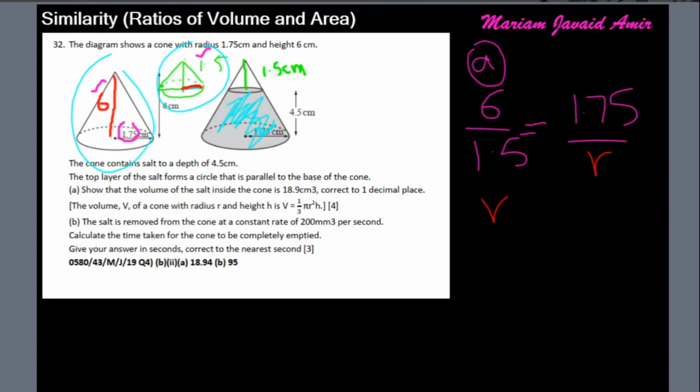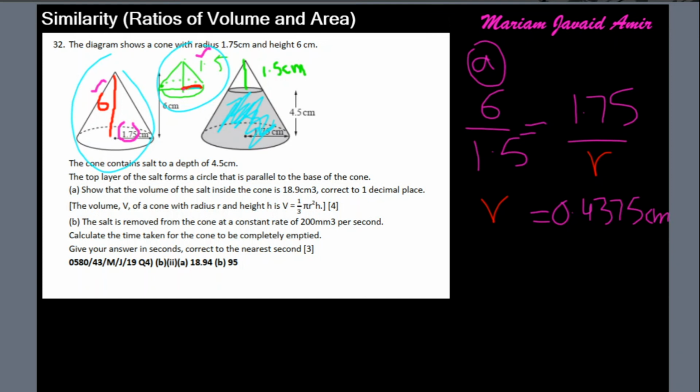Let's see what we get here. Radius would come out to be 1.75 times 1.5 divided by 6, which gives 0.4375 centimeter.